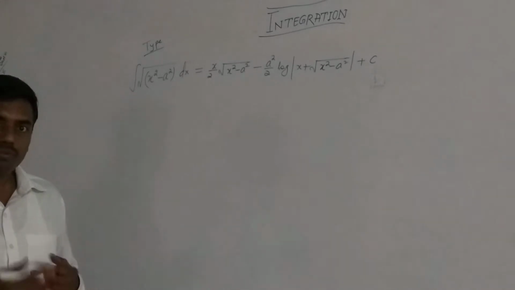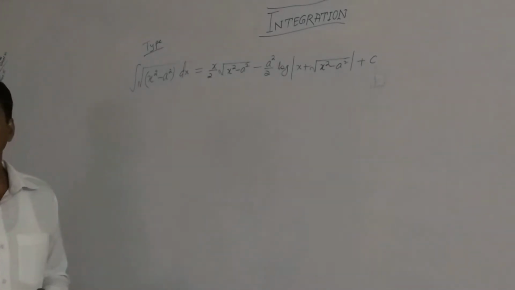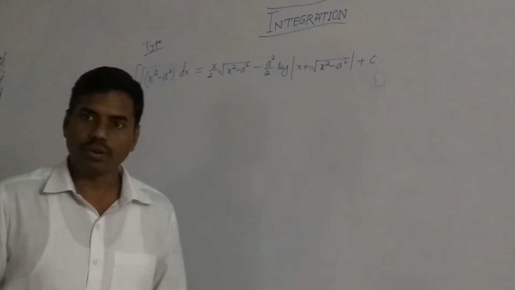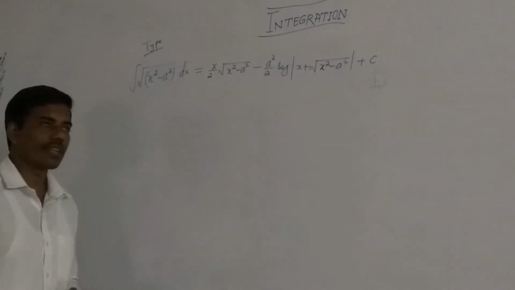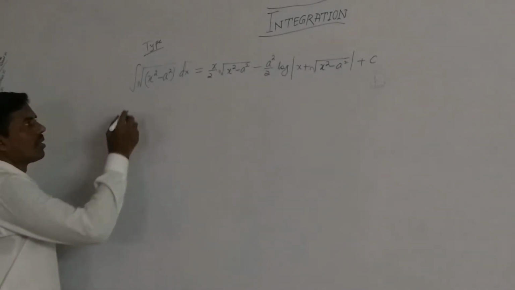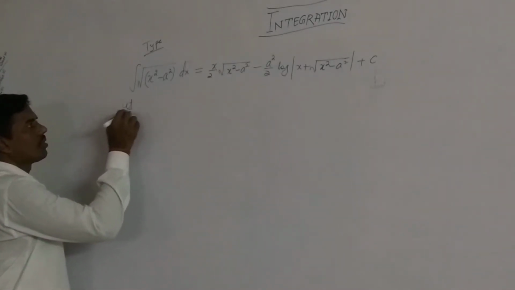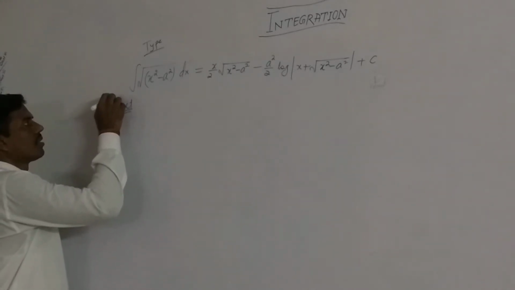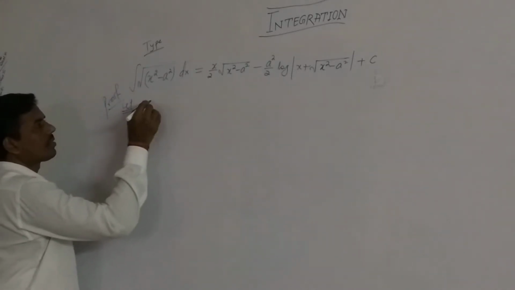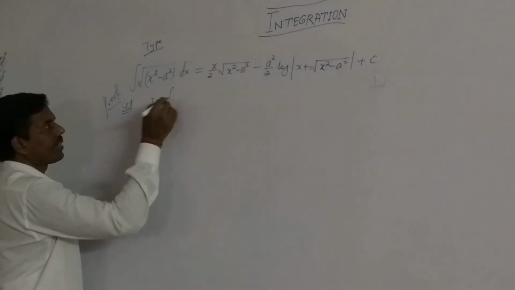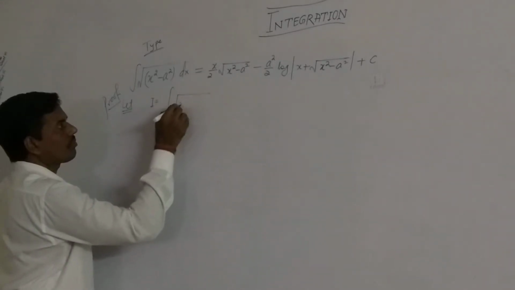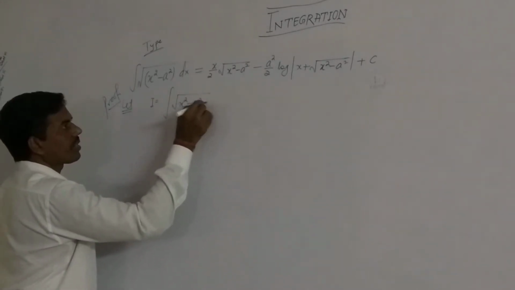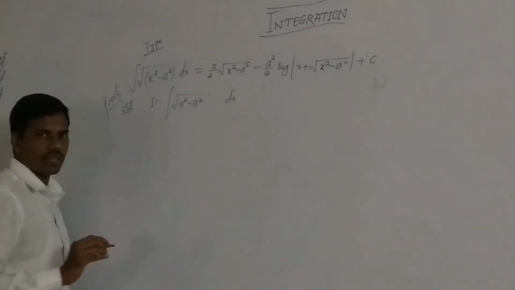Let us prove this result. Okay, students, please see carefully on the board. Let the proof of this result: let I is equal to integral of under root of x square minus a square dx.